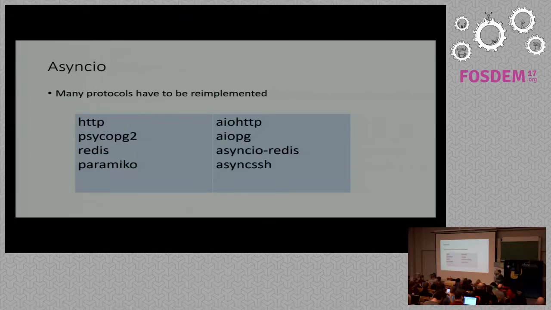So rather than re-implementing every protocol again in async I/O, we should have been able to decouple the I/O from the high-level abstractions, like the parsers that parse HTTP, Postgres, Redis, and so on.